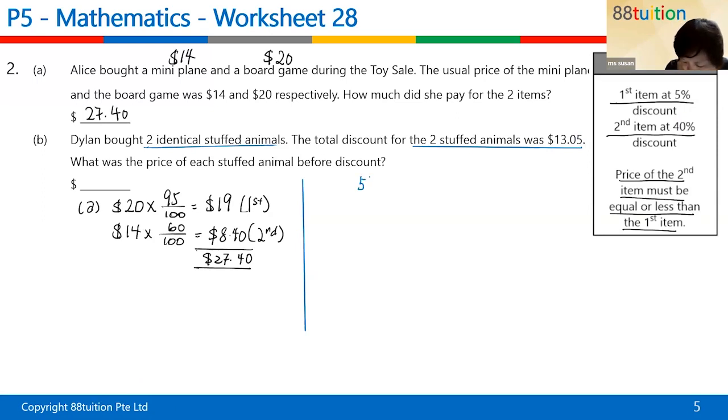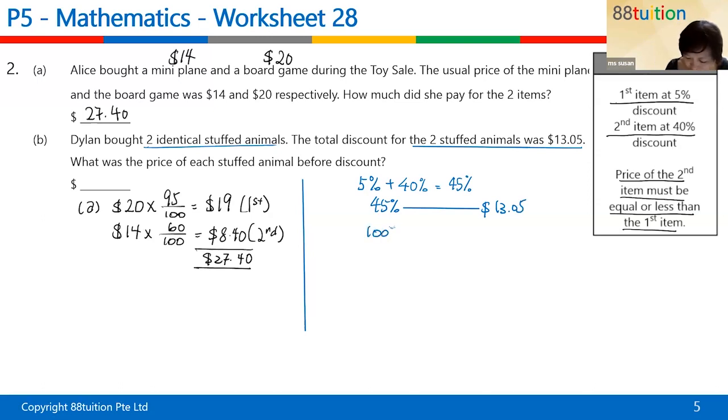So in total, you will get 45% for the two of them. And this total discount, 45%, will be equivalent to $13.05.